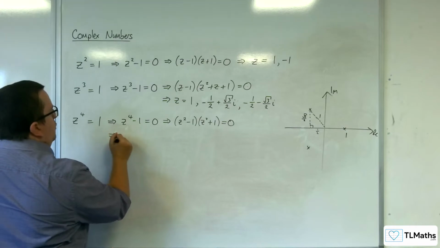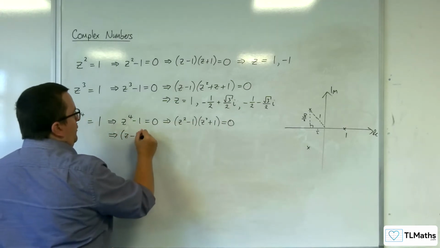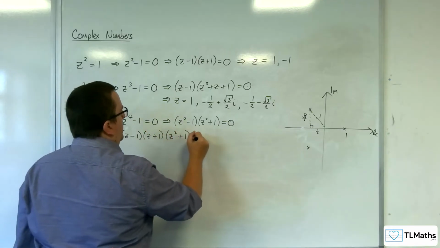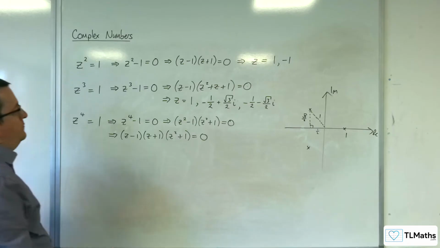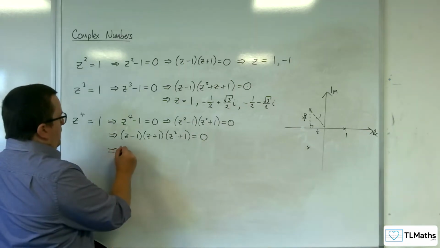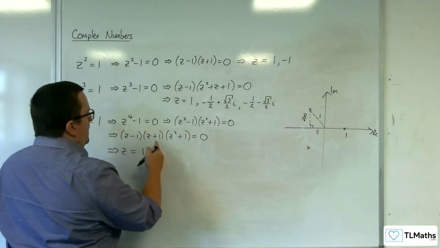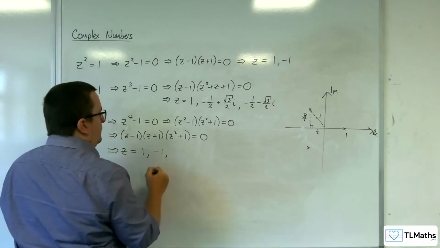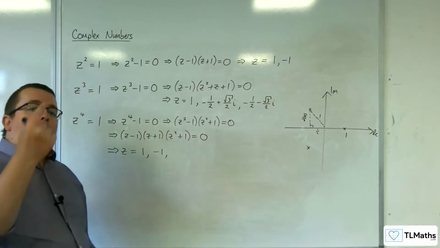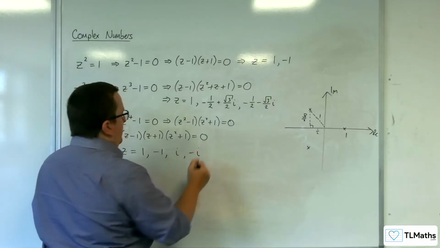So Z minus 1, Z plus 1, and then Z squared plus 1 equals 0. That means the roots are going to be 1, minus 1, and the solutions of Z squared plus 1 equals 0 are plus or minus i. So you'll have i and minus i.